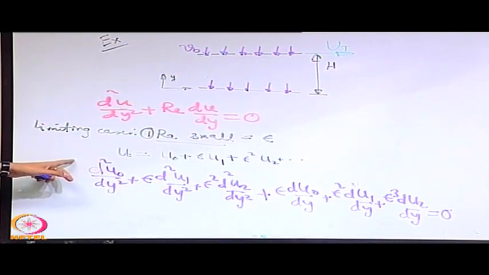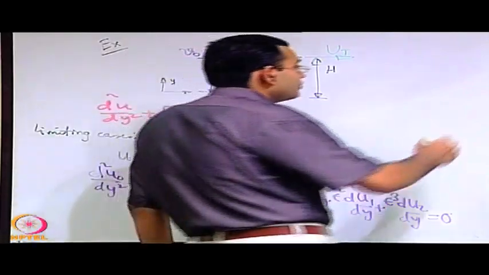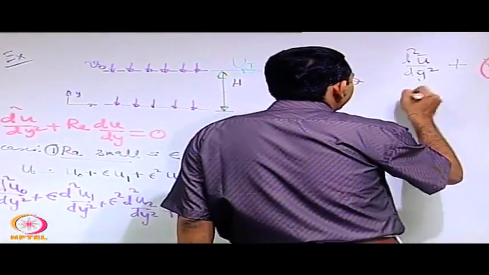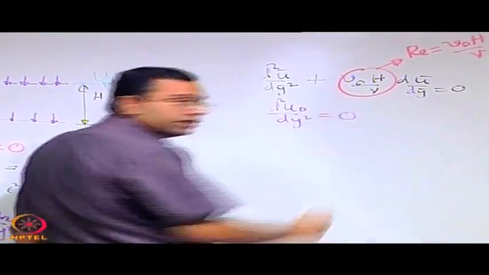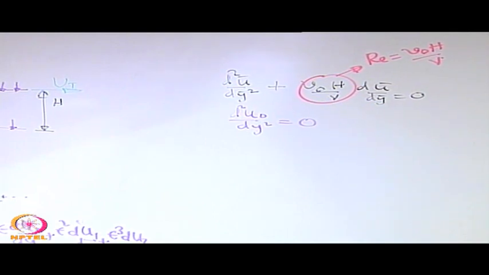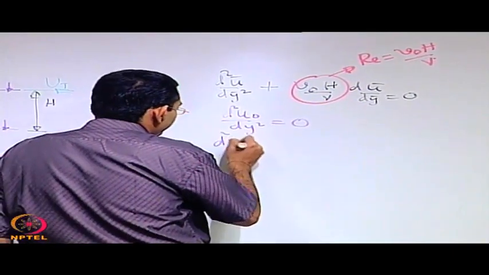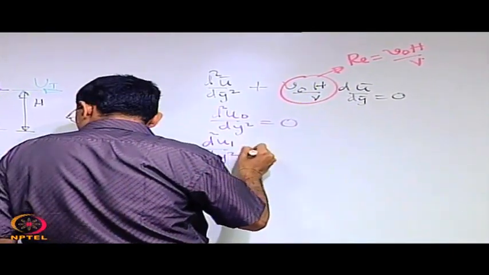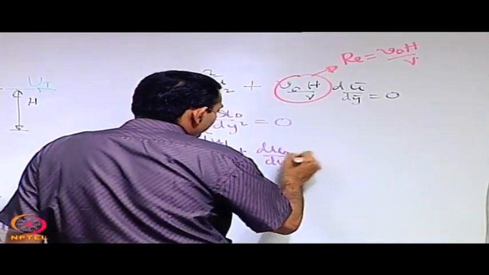So now what we may do is equate the like powers of epsilon. That means d2 u0 dy2 is equal to 0, that is one equation, that is of the order of 1. Then of the order of epsilon, d2 u1 dy2 plus d u0 dy is equal to 0.